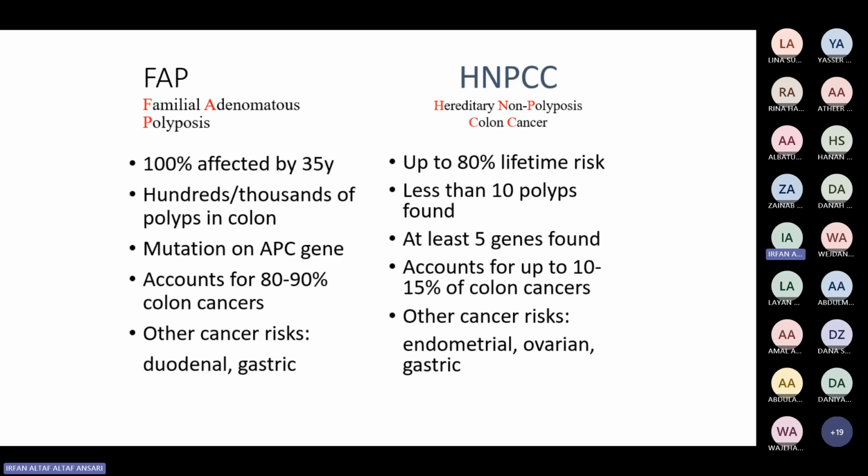HNPCC has an 80% lifetime risk, with less than 10 polyps found. At least 5 genes are involved. The most common, you remember the 3: MSH2, MSH6, and MLH1 in the sporadic. It accounts for up to 10 to 15% of colon cancer. Other associated cancers are endometrial, ovarian, and gastric.